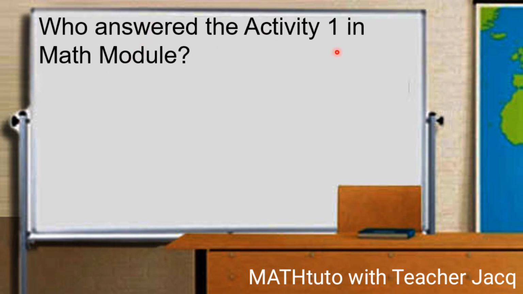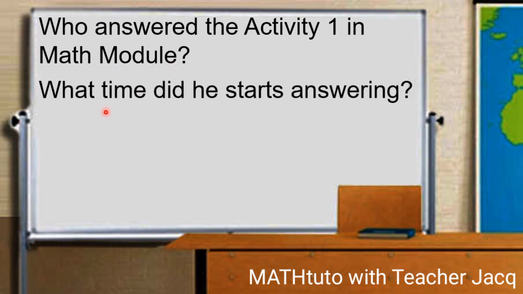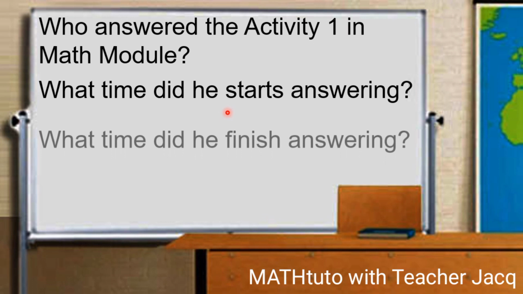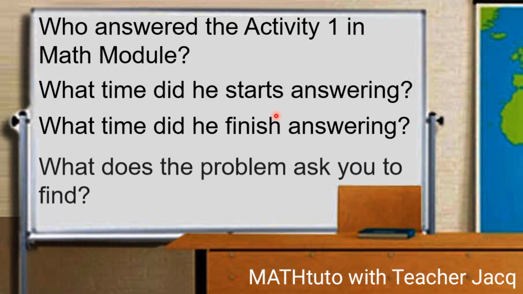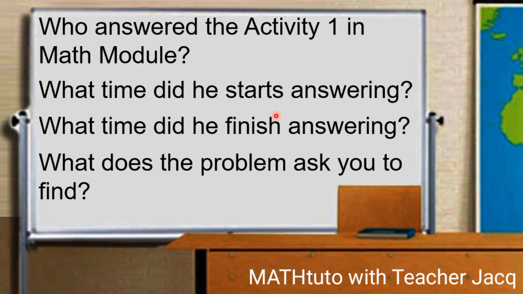Who answered the activity 1 in math module? Yes, it's RJ. What time did he start answering? Correct, 8:15 a.m. And what time did he finish answering? Right, 8:35 a.m. What does the problem ask you to find?